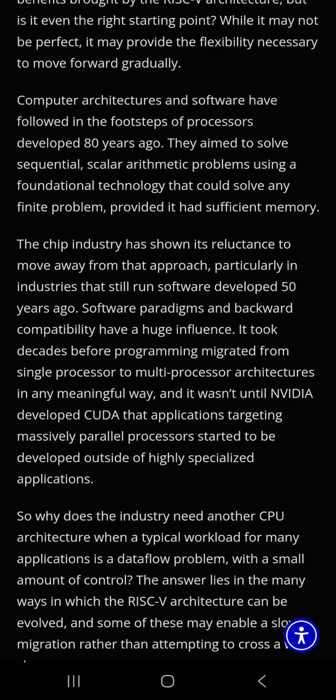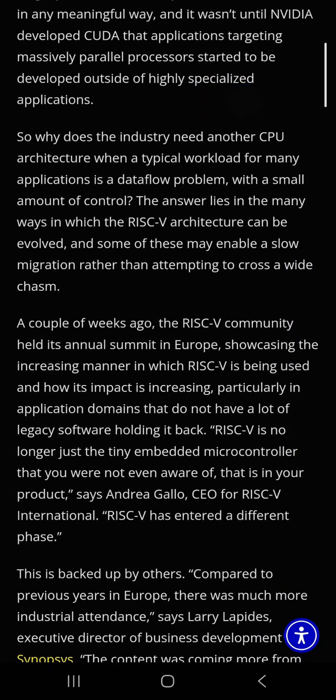Software paradigms and backward compatibility have a huge influence. It took decades before programming migrated from single processor to multiprocessor architectures in any meaningful way. And it wasn't until NVIDIA developed CUDA that applications targeting massively parallel processors started to be developed outside of highly specialized applications.